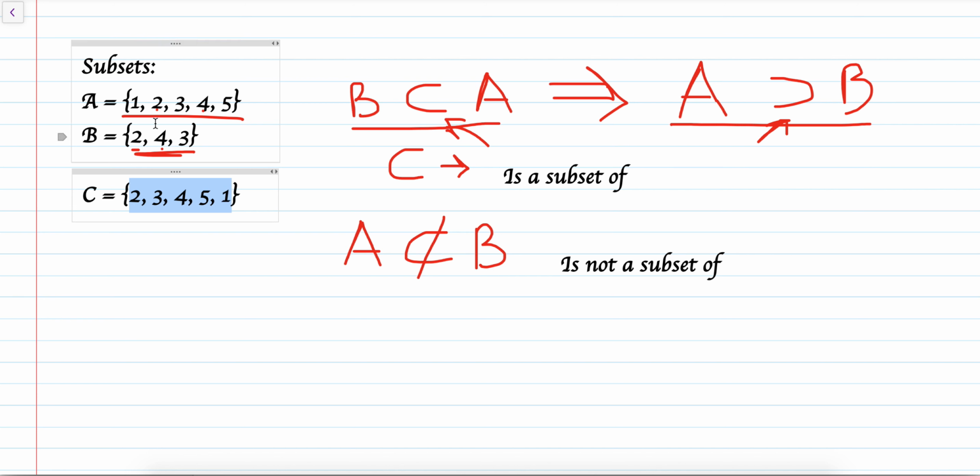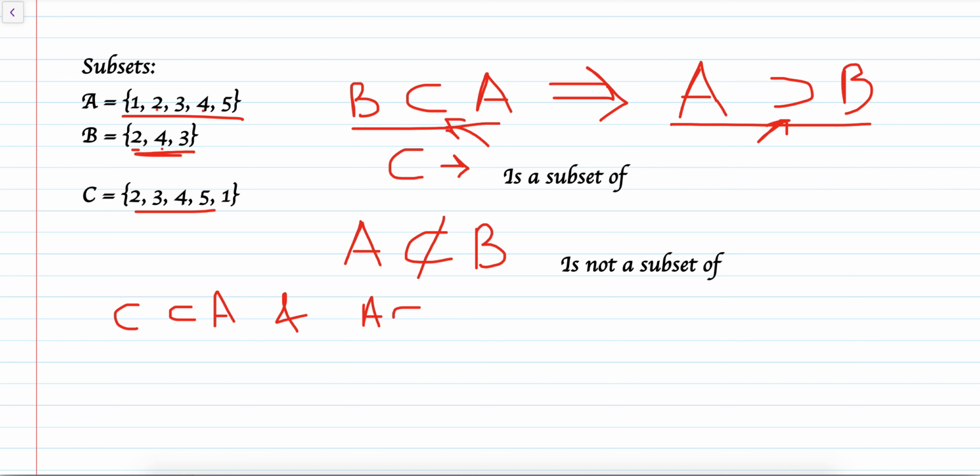So all elements here are present in A, and all elements in A are also present in C. So it's not necessary that B should be a proper subset of A, but even if they are equal, we can say that C is a subset of A. And A is also a subset of C. So if both these cases are satisfied, that is C is a subset of A and A is a subset of C, then we can say that these two are equal.